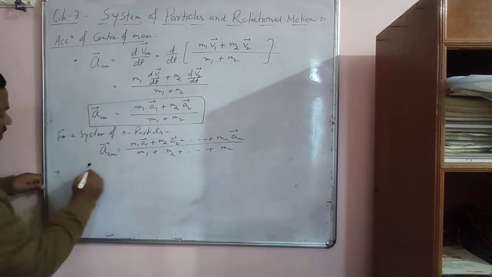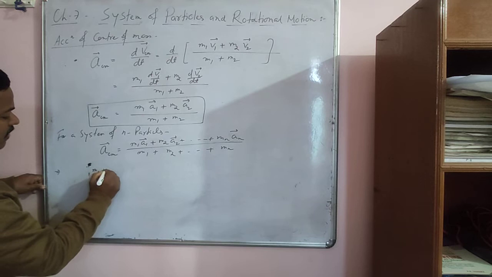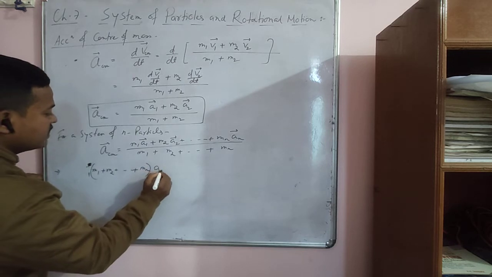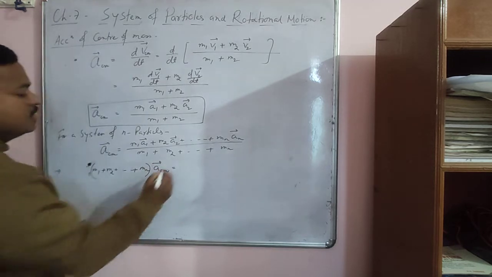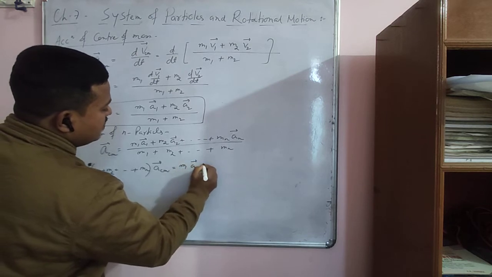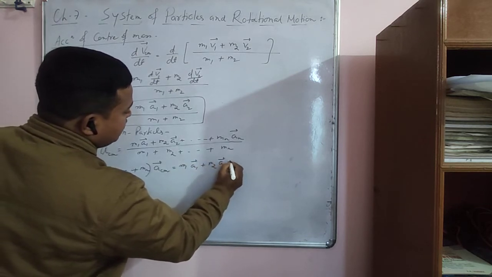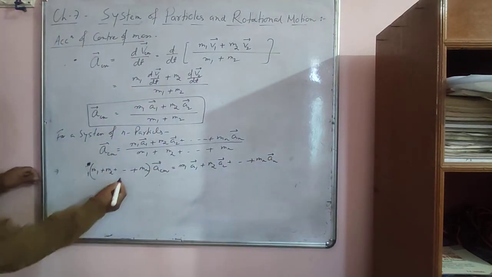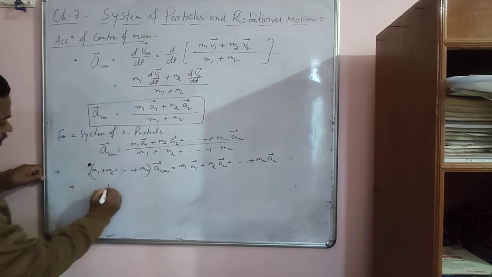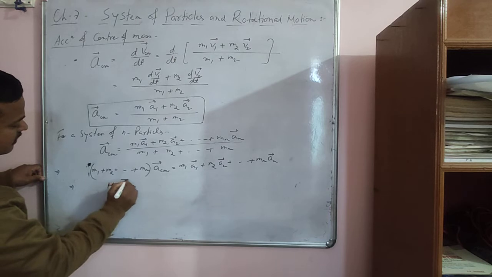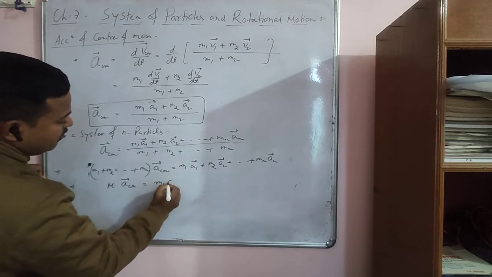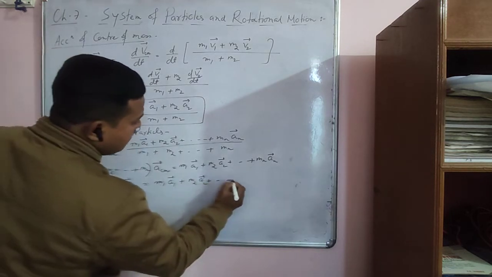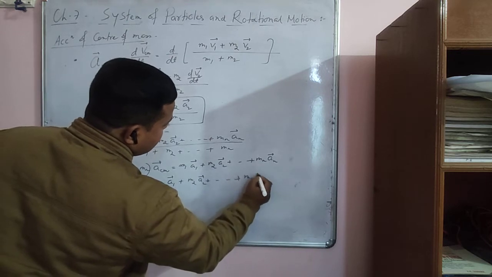You can write M1 plus M2 up to Mn into acceleration of center of mass equal to M1 a1 plus M2 a2 up to Mn an. This is nothing but total mass, so you can write M into acceleration of center of mass equal to M1 a1 plus M2 a2 up to Mn an.